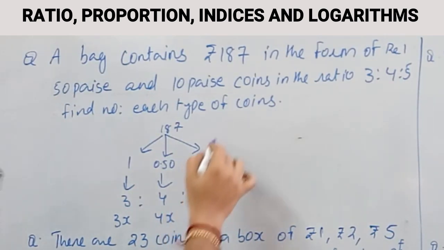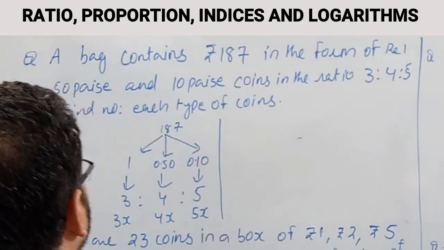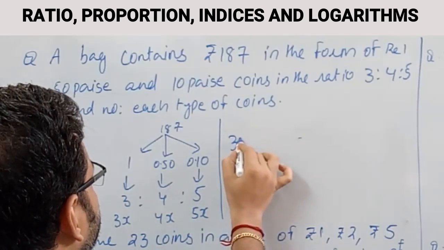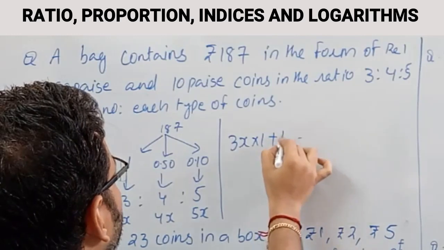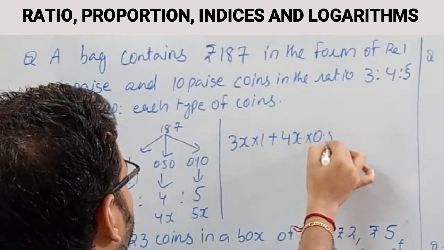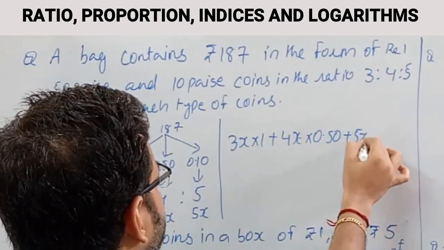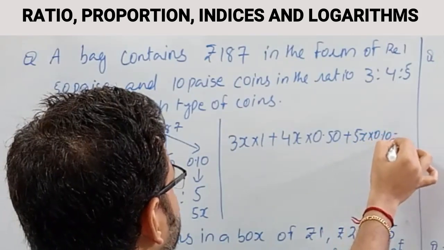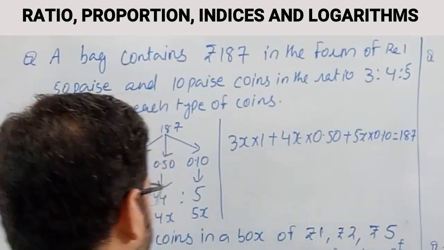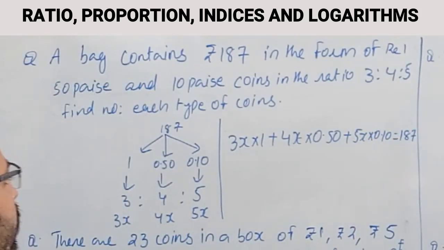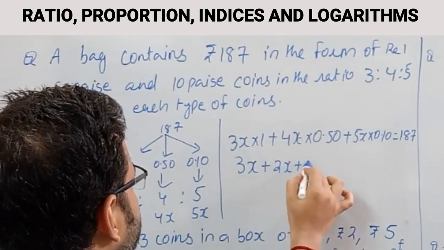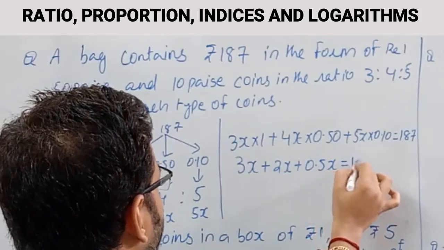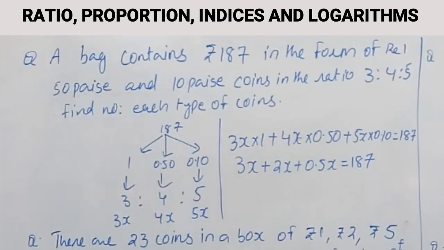Okay. Then multiplying with their values: 3x into 1 plus 4x into 0.50 plus 5x into 0.10 is equal to 187. 3x plus 2x plus 0.5x is equal to 187.